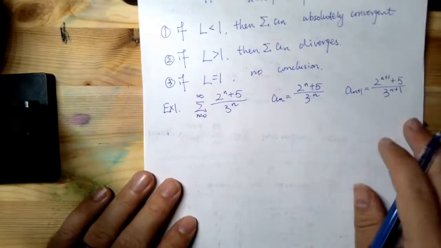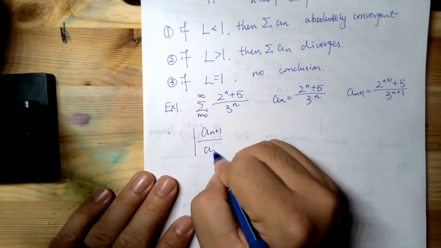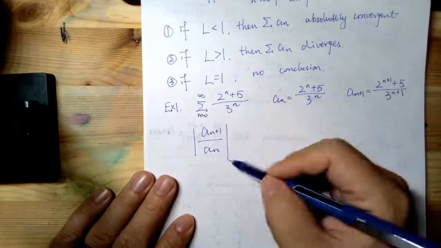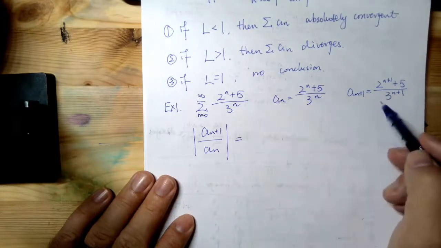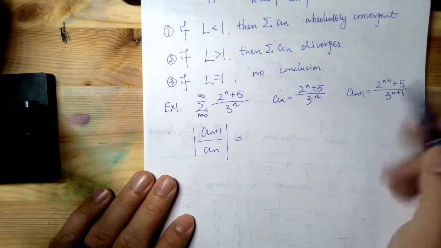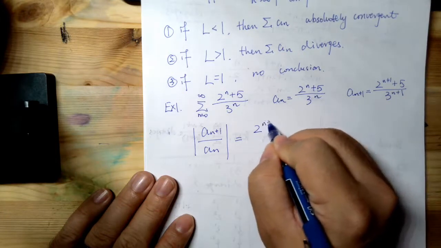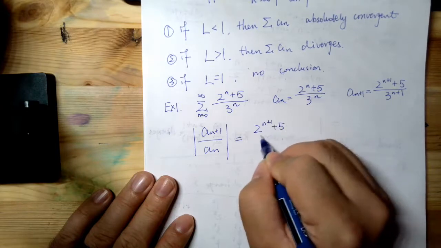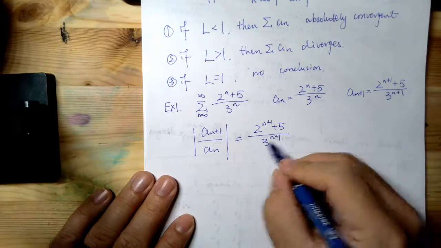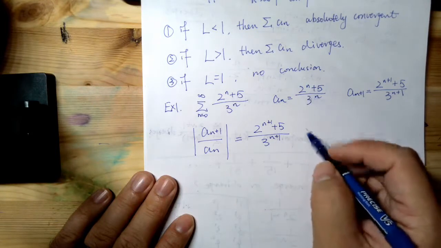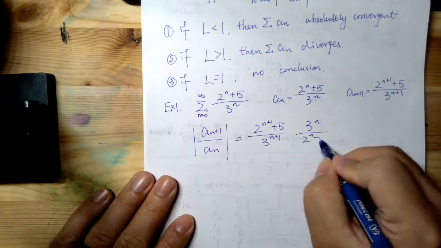And then next, we want to figure out the absolute value of this, and then take the limit as n goes to infinity. But it turns out that an plus 1 and an, in our problem, are both positive. So what I can do here is take 2^(n+1) plus 5 over 3^(n+1), over an, which is equivalent to multiplying by the reciprocal, 3^n over 2^n plus 5.